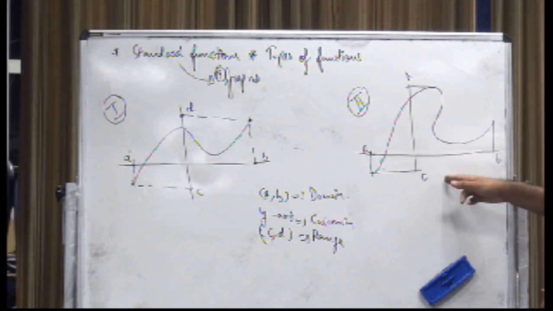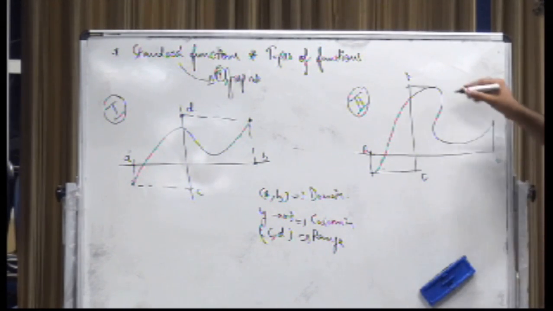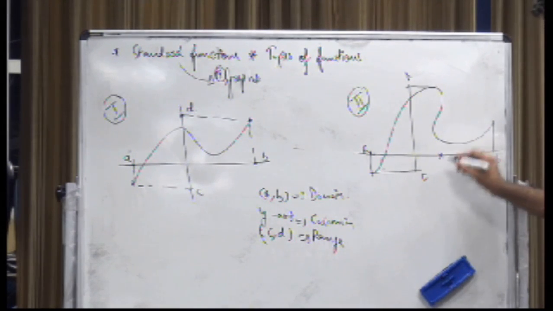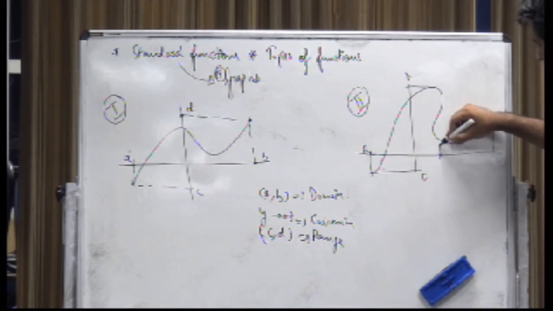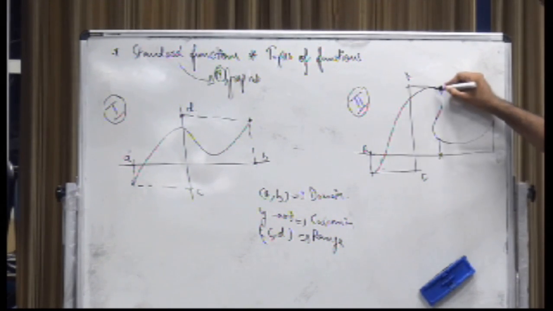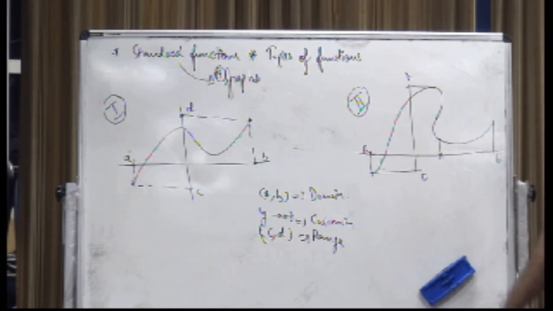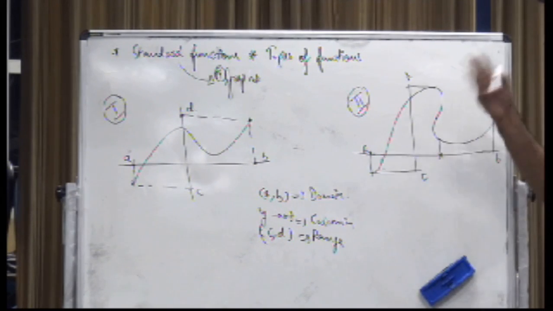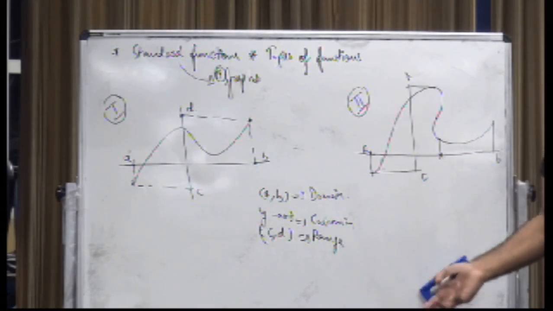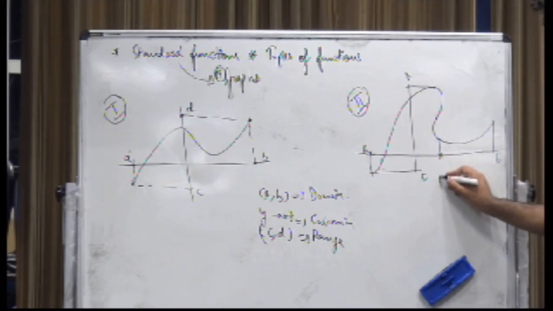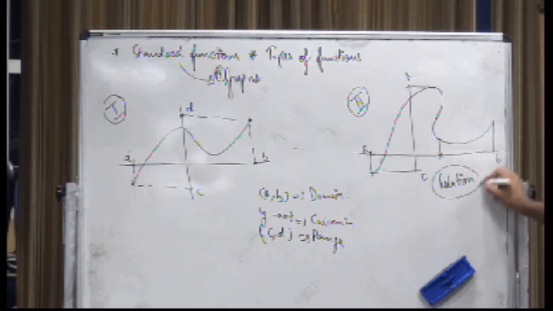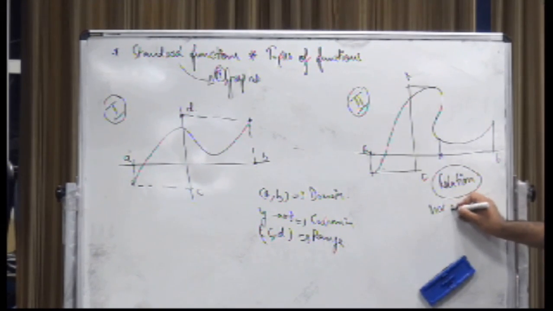So see, if you take a value over here, a certain value, at this value you're also getting this point, you're also getting this point, you're also getting this point. So at the same value of x, you're getting three values of f(x), which is not possible in the case of a function. So this is not a function at all, this is a relation, not a function.